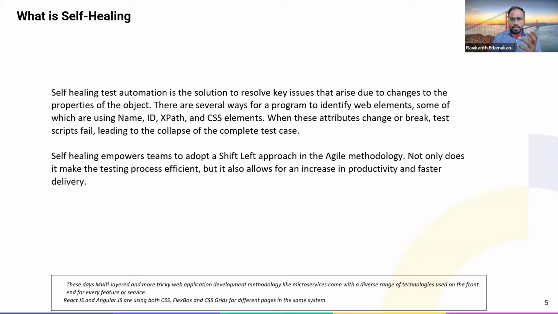As you all know, most automation teams or automation resources generally have a concern like: my automation scripts are failing in my new build because there are a lot of changes in the element properties. It's a common challenge and a common concern for any automation engineer. Why? Because these days, multi-layered and trickier web application development methodologies like microservices come with a diverse range of technologies used in the front end for every feature and every service.